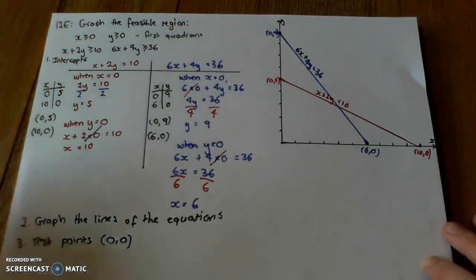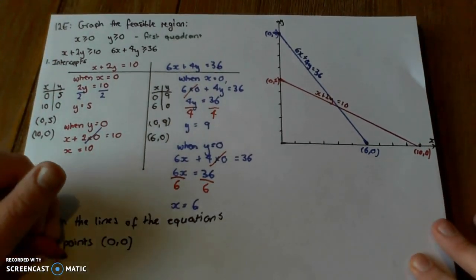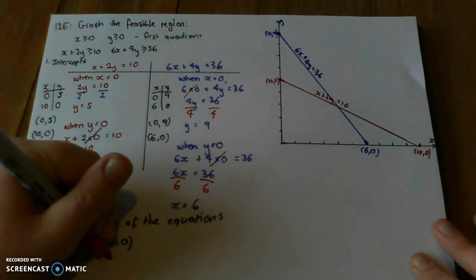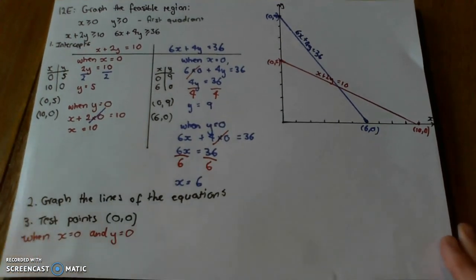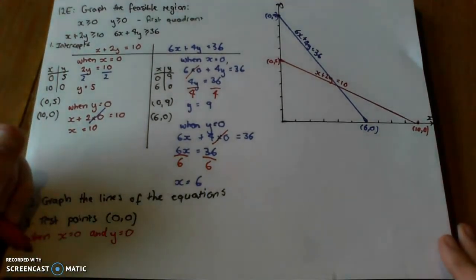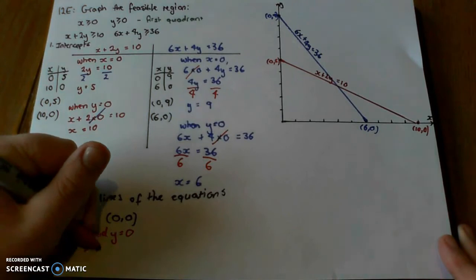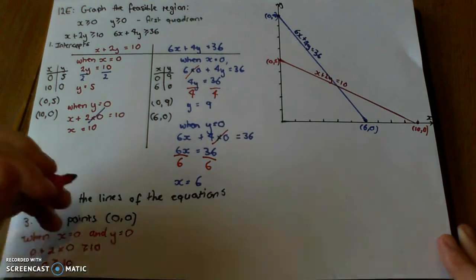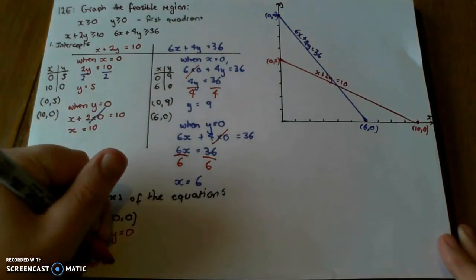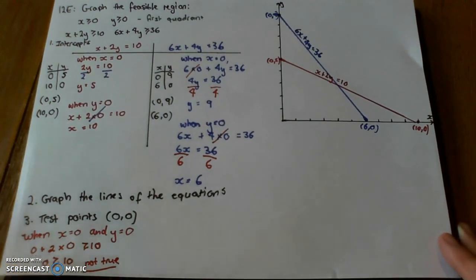So for example, when x is equal to 0 and y is equal to 0, we know that 0 plus 2 times 0 is supposed to be greater than 10. So 0 is equal to or greater than 10. We know that's not true. So we know that the origin will not be included within that equation, within that region.